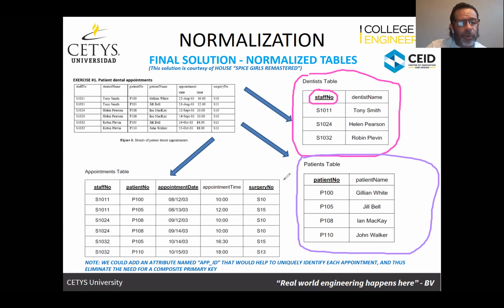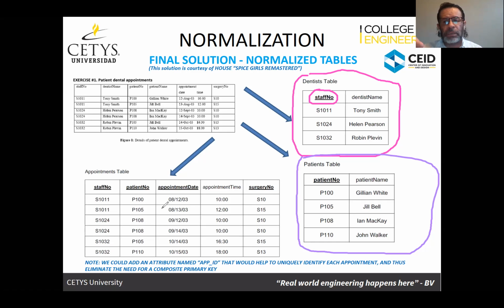And so we've got an appointments table. What is the information that's important with regards to an appointment? First off, the patient, the appointment date and the time, and also who is the dentist that's attending the person, and also to be able to identify maybe the type of procedure that's being done to the patient.